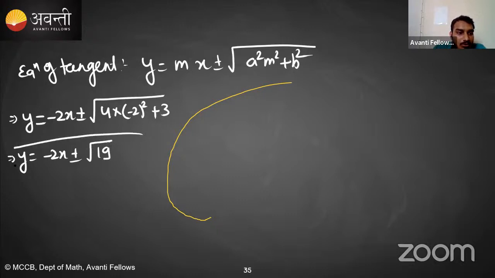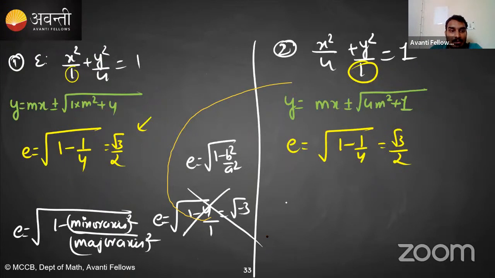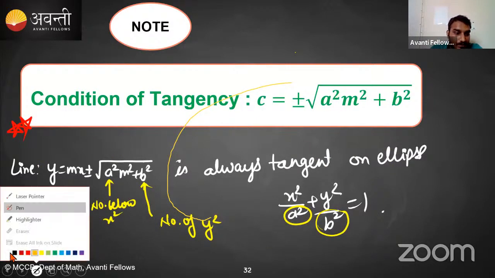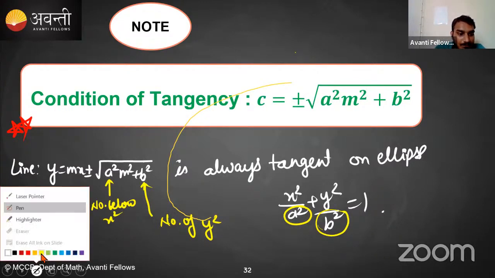ओके, तो देखो you are getting two tangents of slope -2, yes or no? इसका मतलब एक टेंजेंट ऐसी और आ रही होगी सेम, ऐसी कोई एक टेंजेंट आ रही होगी जिसका स्लोप -2, may be like this. Okay, so you are getting two tangents of same slope. तो यहाँ पे मेंशन भी कर लेना where we write down the condition of tangency that we will get two tangents of same slope. ओके, नोट डाउन करके लिख लेना यहाँ पे.